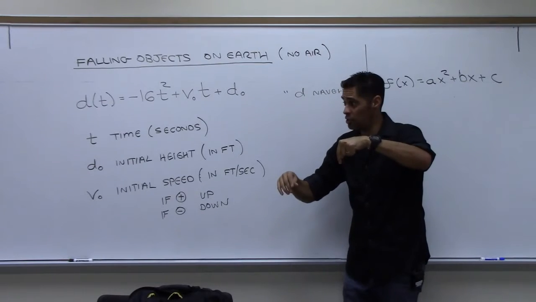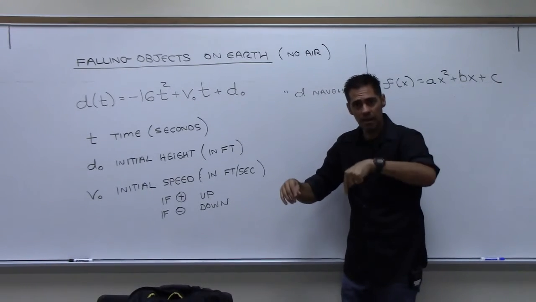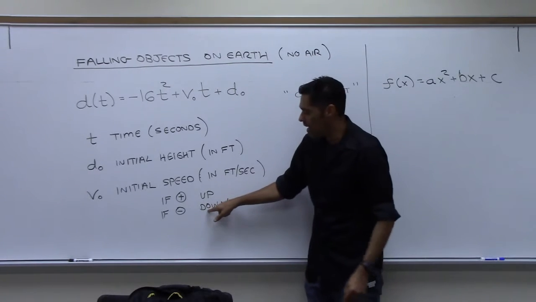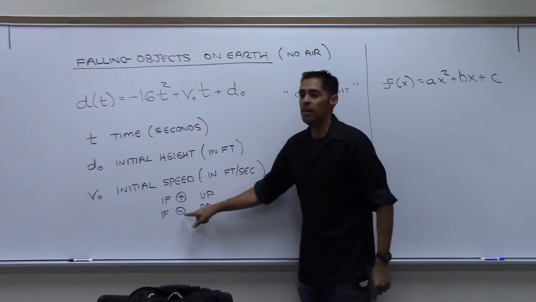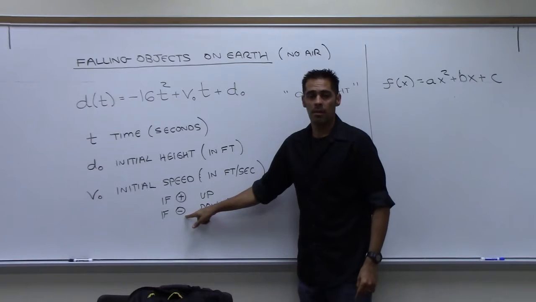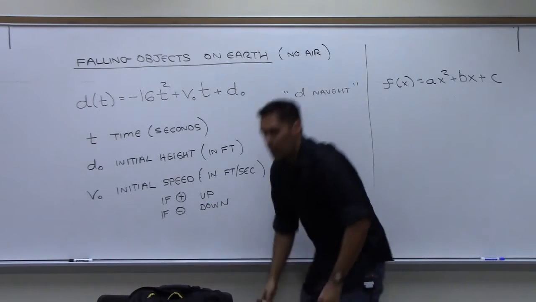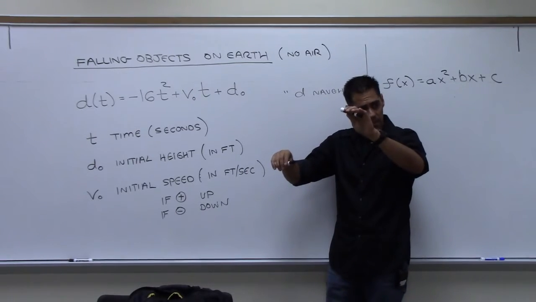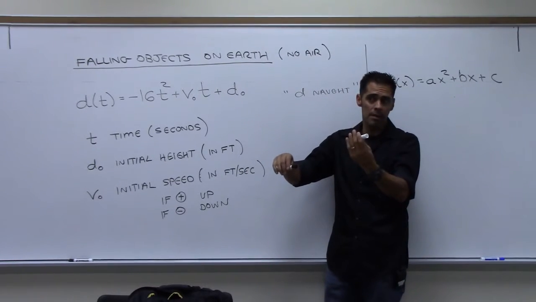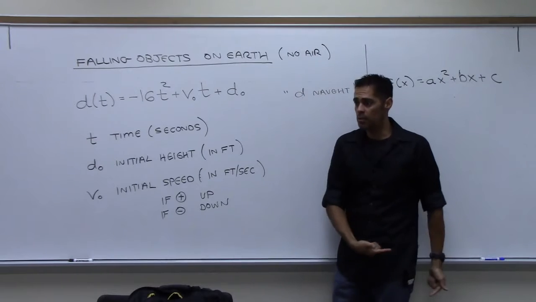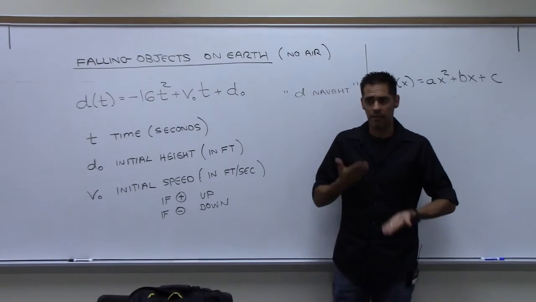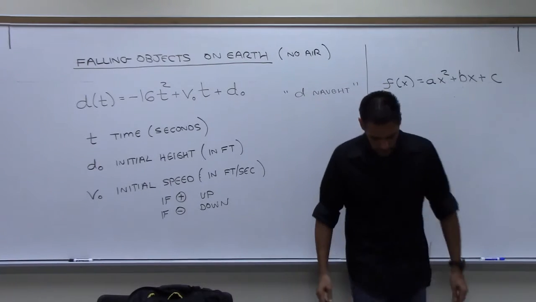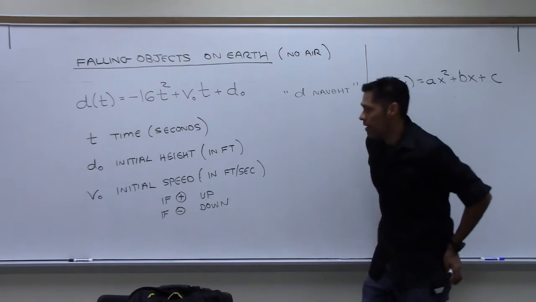I gave it an initial speed, and it was downward. Whatever that speed is, if it's a downward speed, you're going to put it in as a negative number. Now, if it's upward, then you're going to put it as a positive. So what if the same speed I threw it down with, I throw it up with? Then this one's going to get there afterward, right? So to account for that, it's the plus or the minus there. With me? Okay.